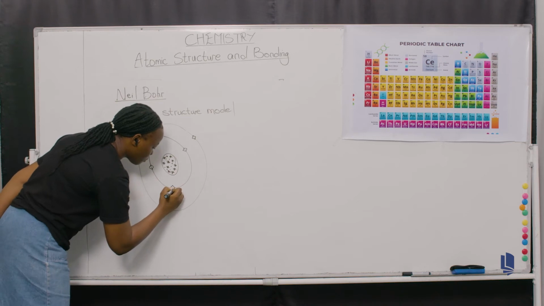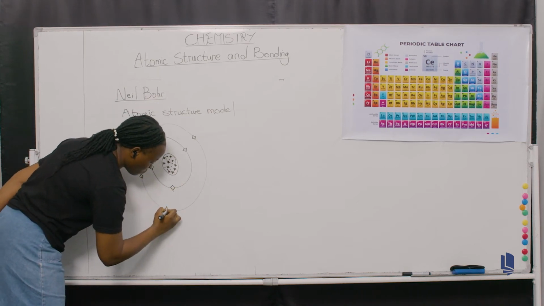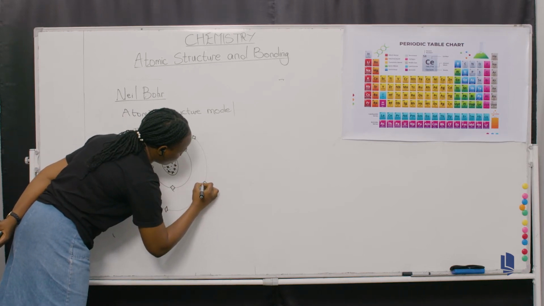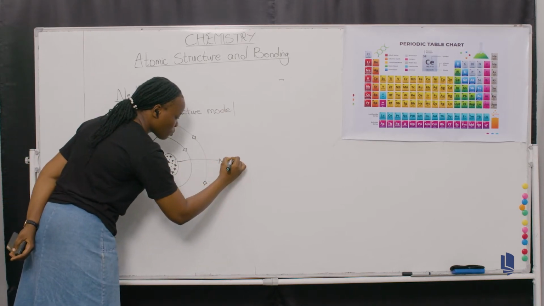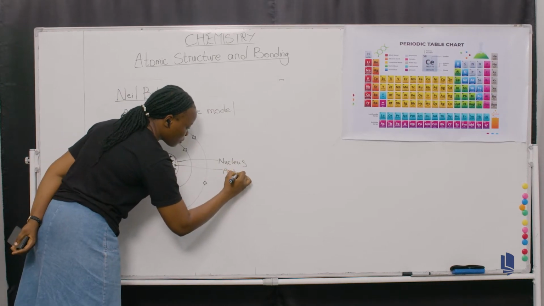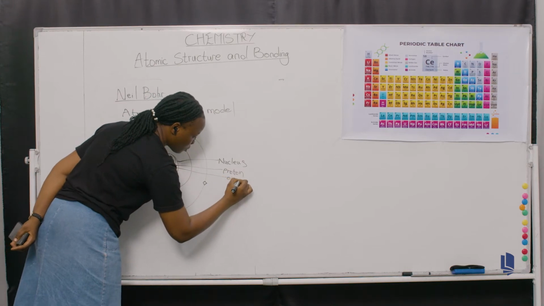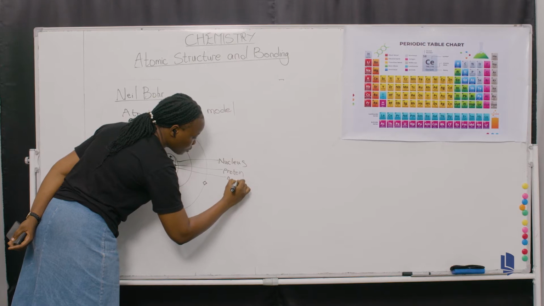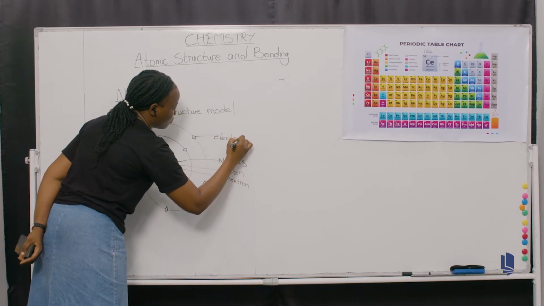And so this is the nucleus. Let's take this to be the proton. Let's take this to be the neutron. And this would be the electron.